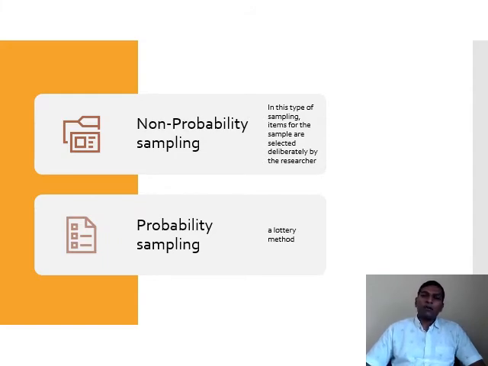For example, if we go for getting a thumb recognition, a biometric recognition, or even a face recognition of each and every person, then the researcher, the person who is actually going to work on the samples, will go to that place, go to each and every person and work manually for collecting the data. So he is always involved in selecting the data.